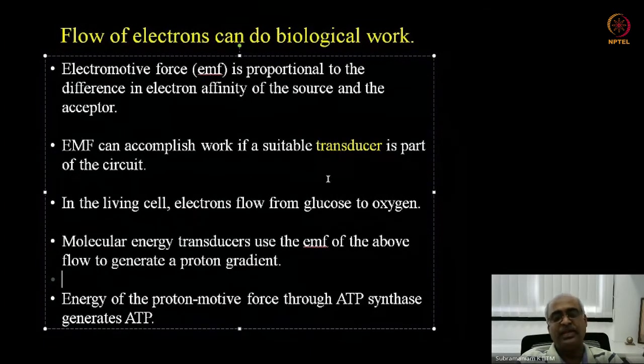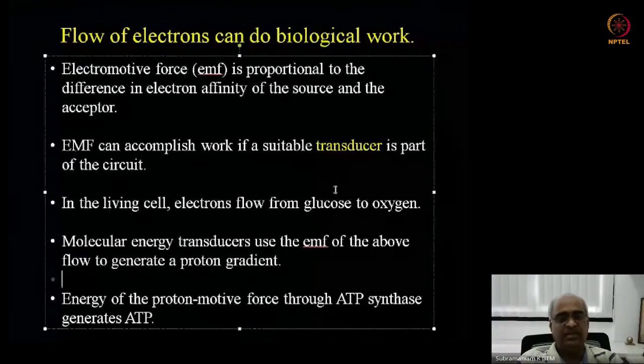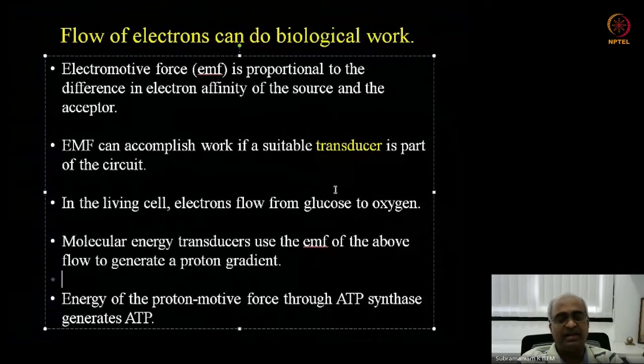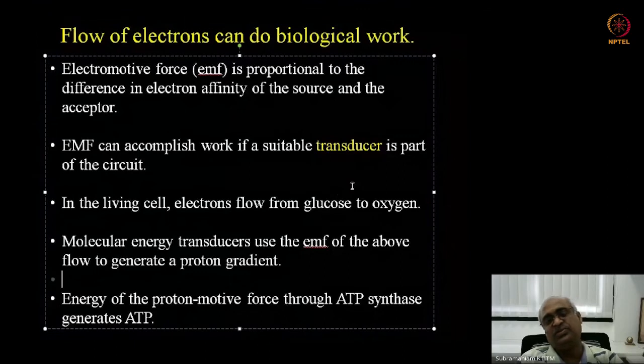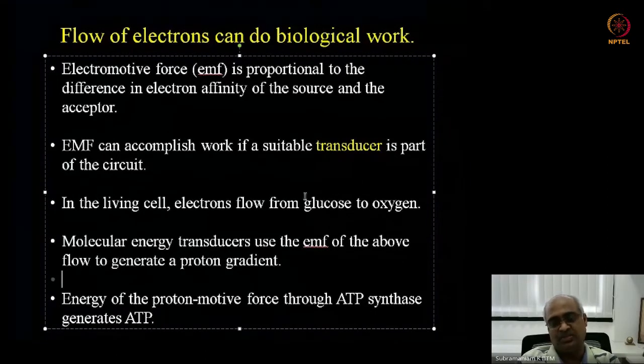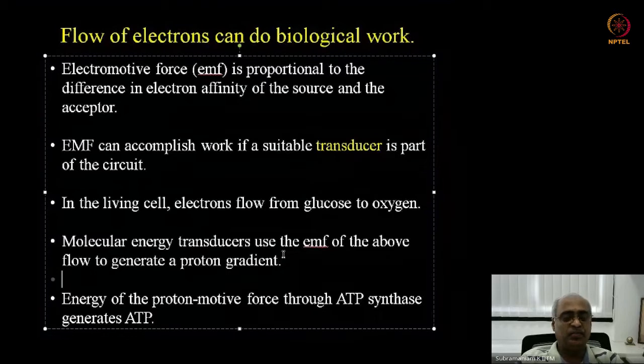There are intermediate carriers from glucose to a next relatively high affinity electron acceptor, and then from that to a relatively higher one, and so on. There are multiple things between these two, and in each one of them you have a transducer, and the way the energy is transduced here is to push protons against a concentration gradient across a membrane.